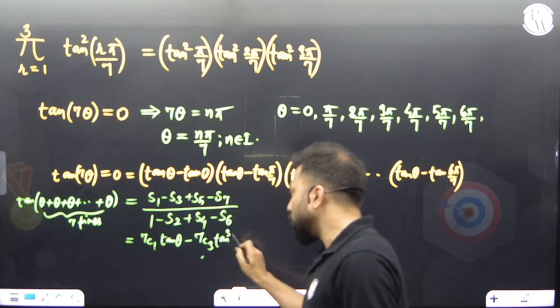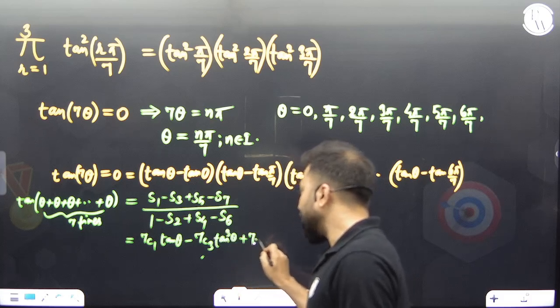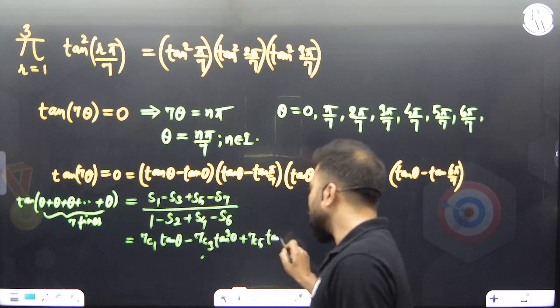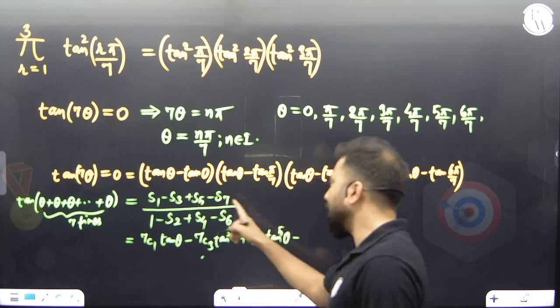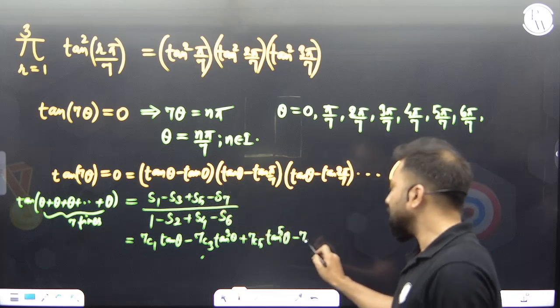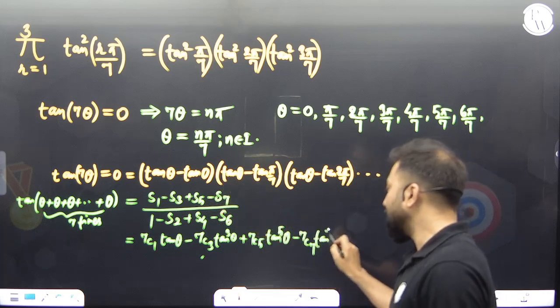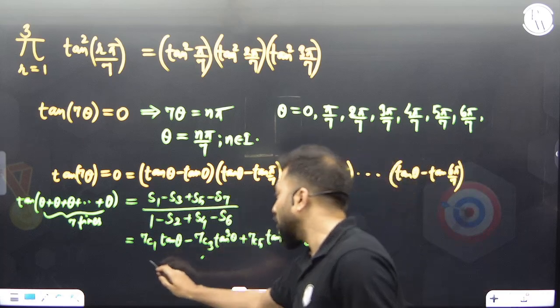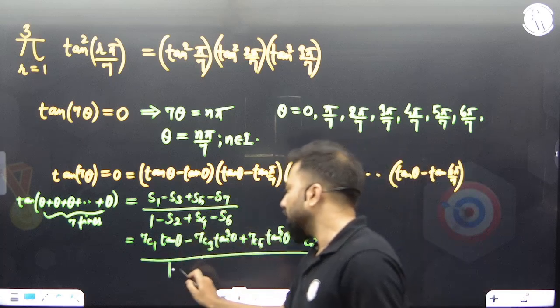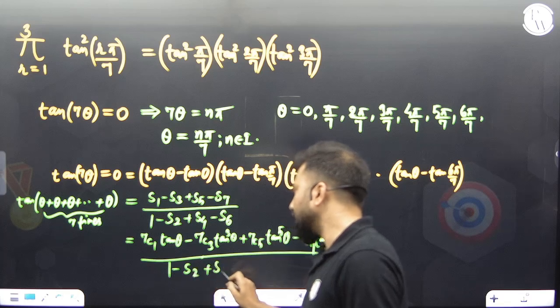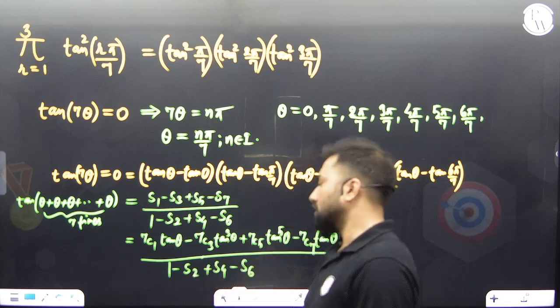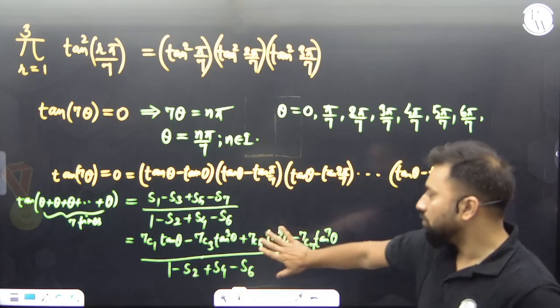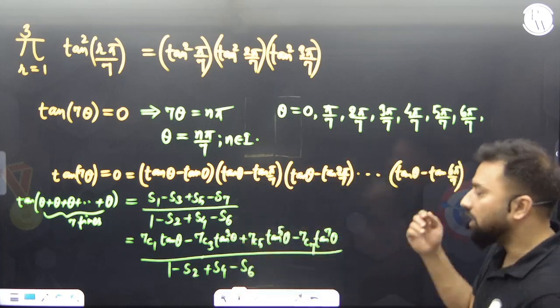So you'll get tan cube theta. Similarly, plus 7C5 tan raised to the power 5 theta, and then minus 7C7 tan raised to the power 7 theta, upon this term, which is 1 minus S2 plus S4 minus S6. This will mean this is the value of tan of 7 theta, right?